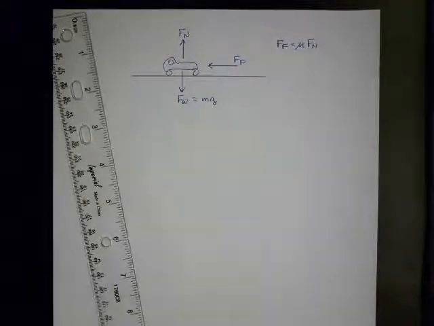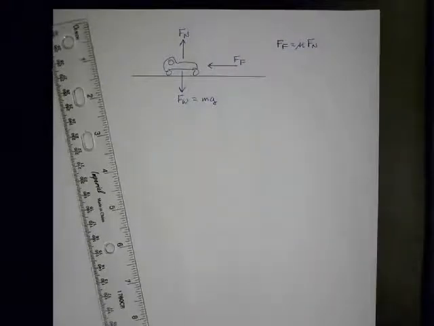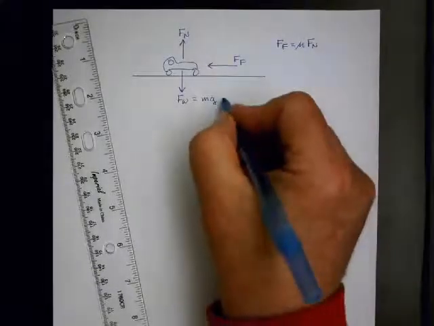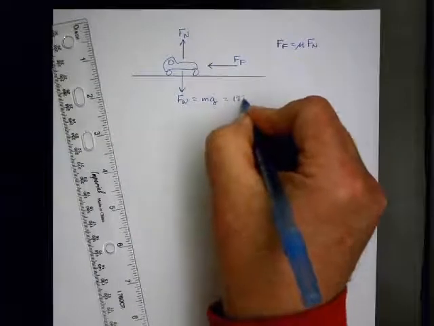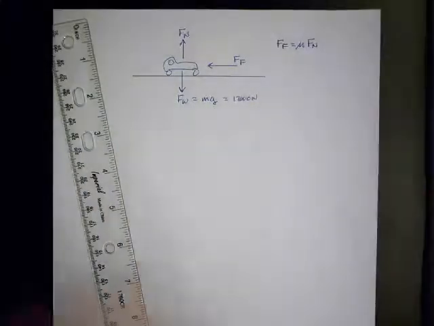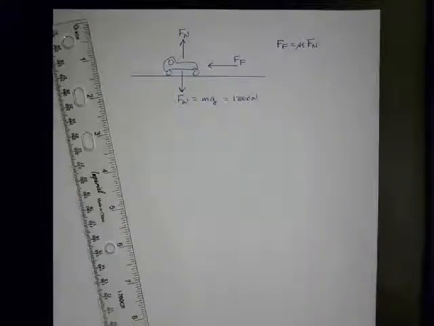And let's see, in this particular case, what am I told? I'm told that I have a 12,000 Newton car. Okay, well, that 12,000 newtons, oops, one more zero. That is the Fw.